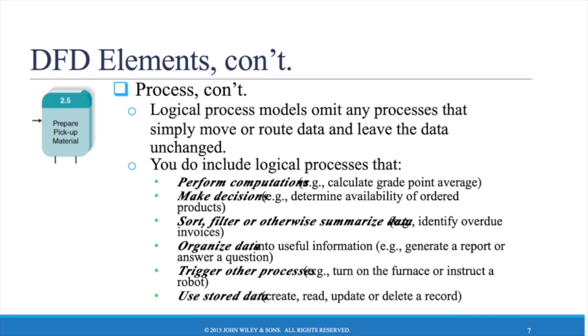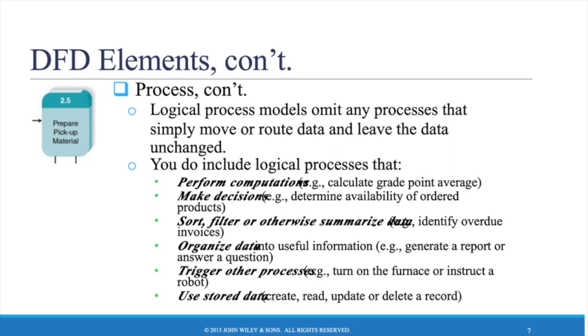Now we have a logical process model. In creating a logical process model, you must omit any process that simply moves and routes data and leaves the data unchanged. So you cannot use a process to represent any action that does not perform anything.